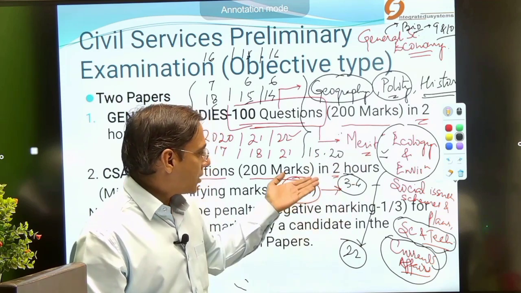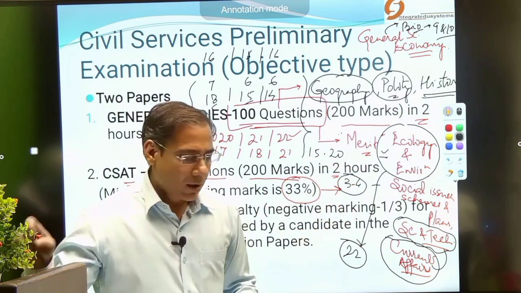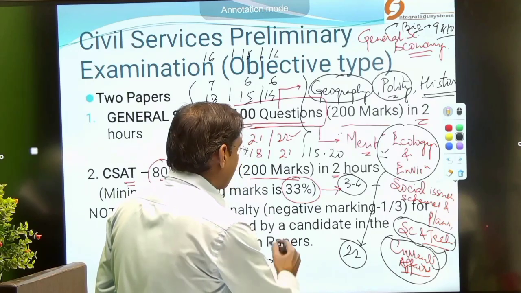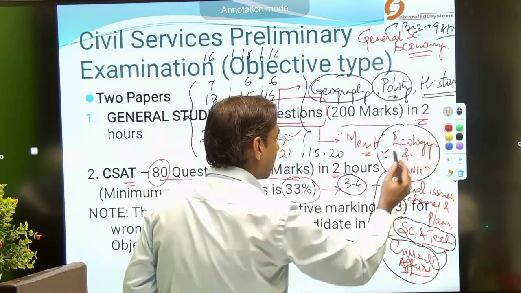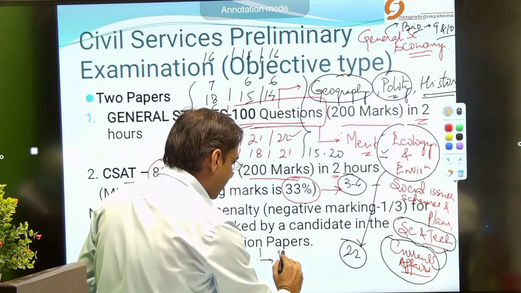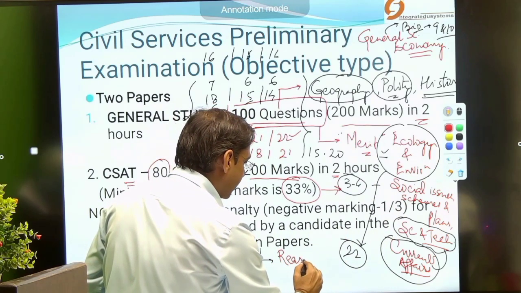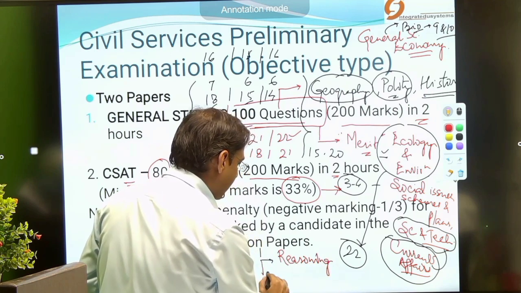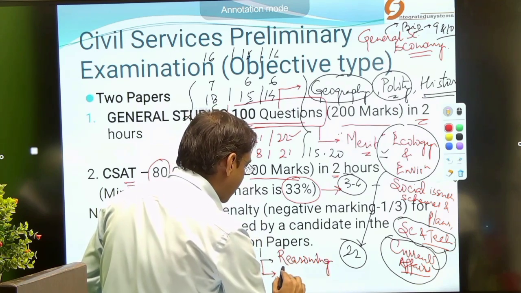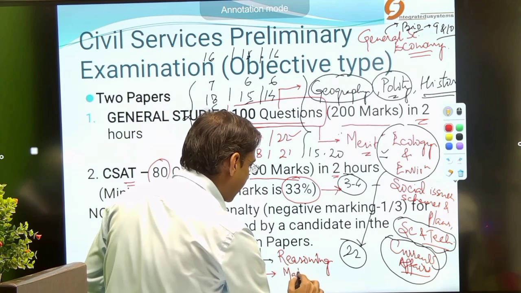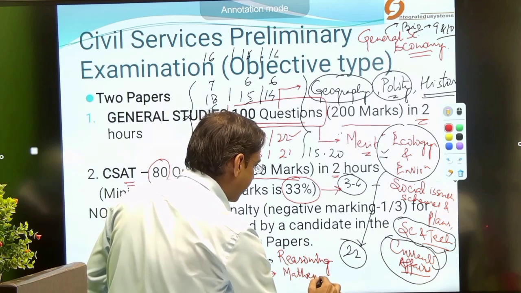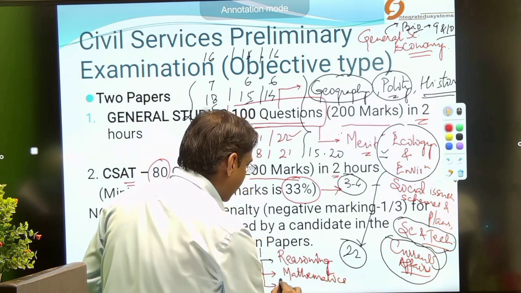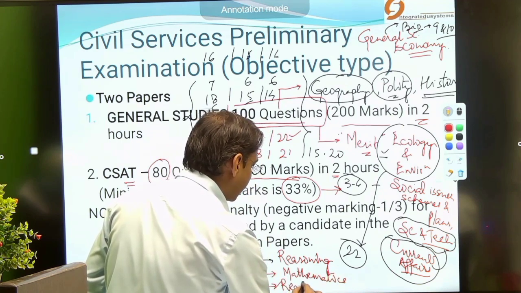Now this paper has questions from reasoning, as well as mathematics, and reading comprehension.